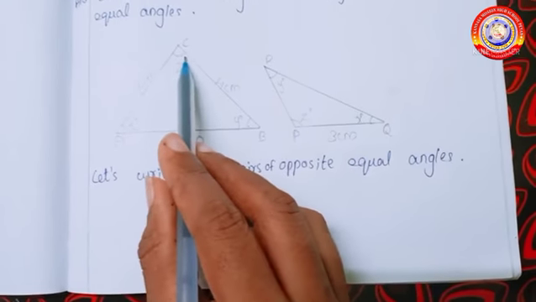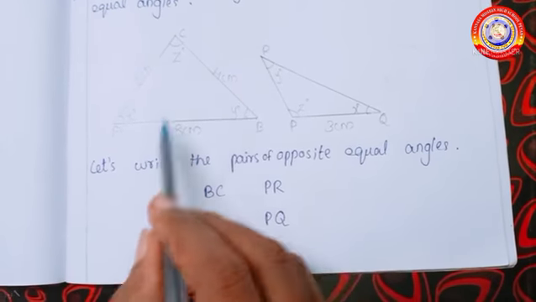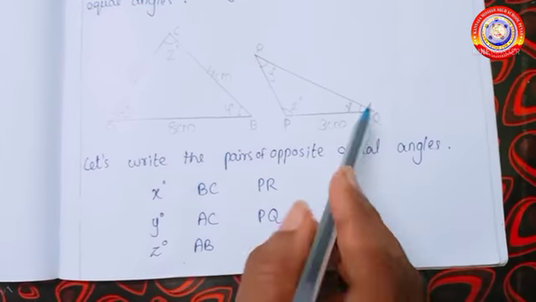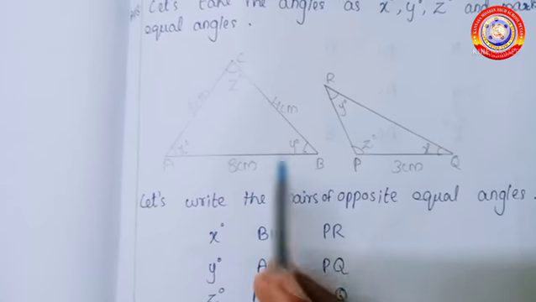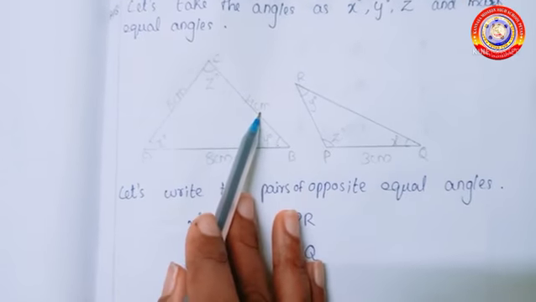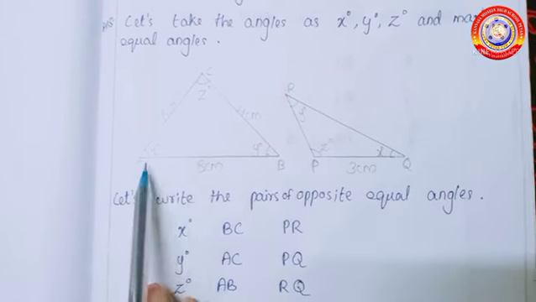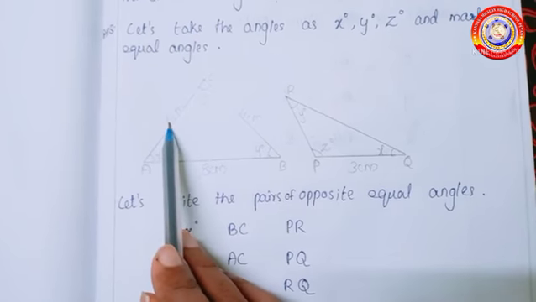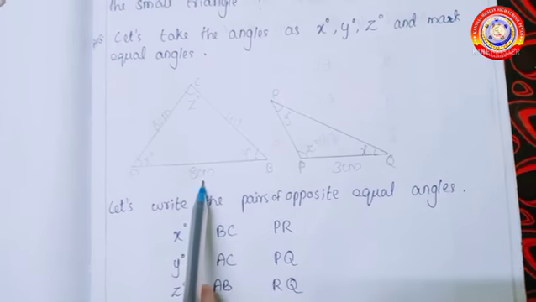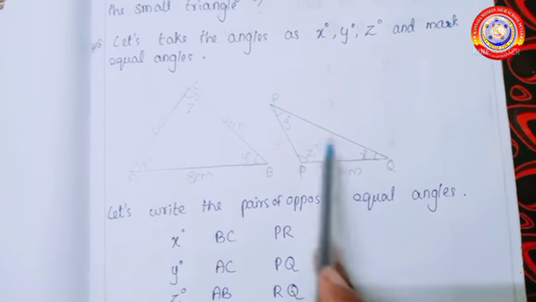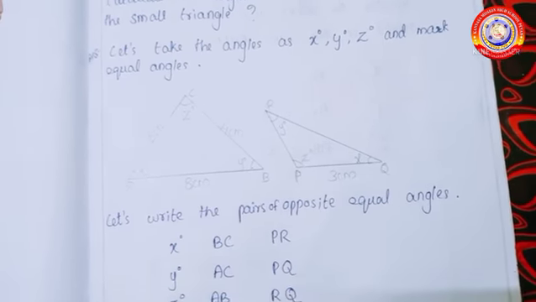And last, for z degree angle, the opposite sides are AB and RQ. So here the side BC is 4 cm and the length of the side PR is not given, and the side AC is 6 cm and the opposite side PQ is given as 3 cm, and after that AB is given as 8 cm, and we don't know the length of RQ. Let's find that out.